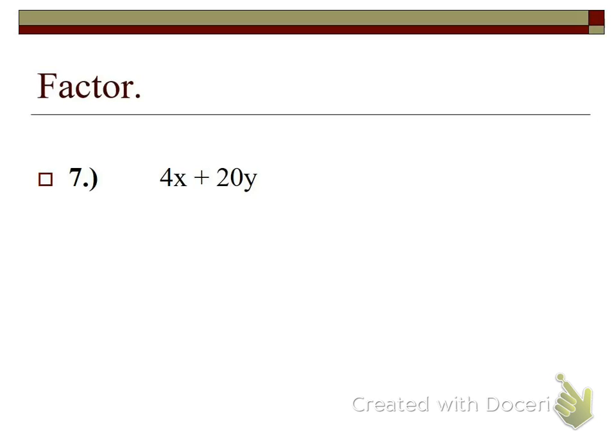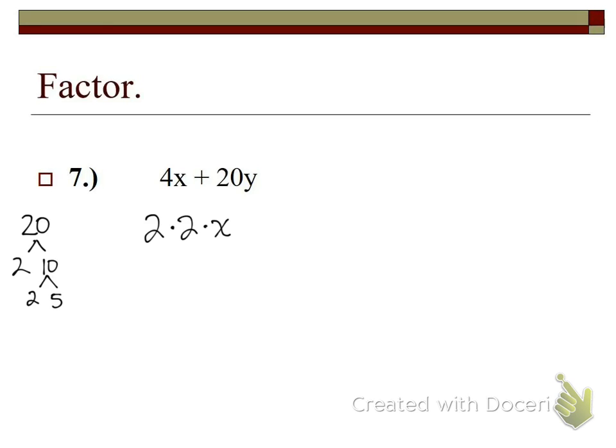So the first thing we need to know is the GCF. Times 2 is 4. Okay, so we could rewrite 4x as 2 times 2 times x. And this one is 2 times 10. We could break it down to 2 times 10, but 10's not prime, so we got to break down 10. 5 times 2.